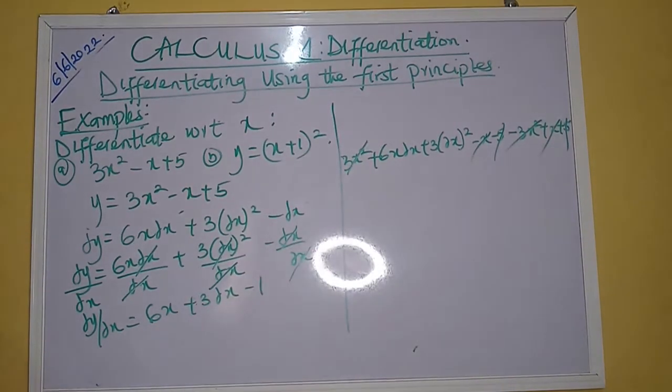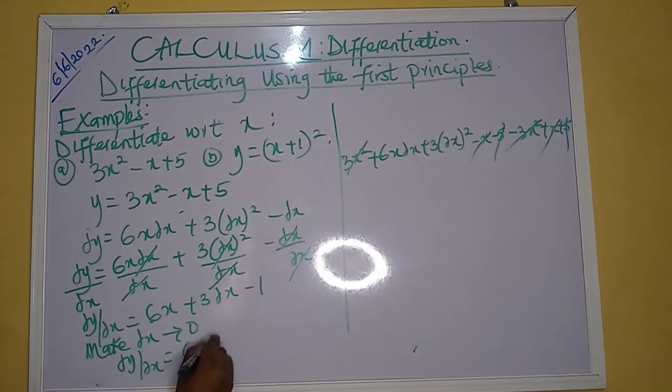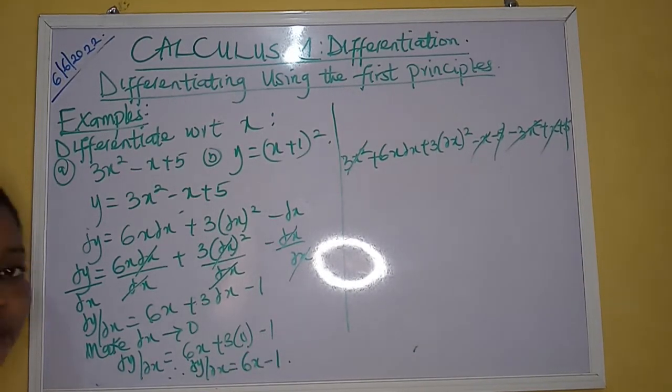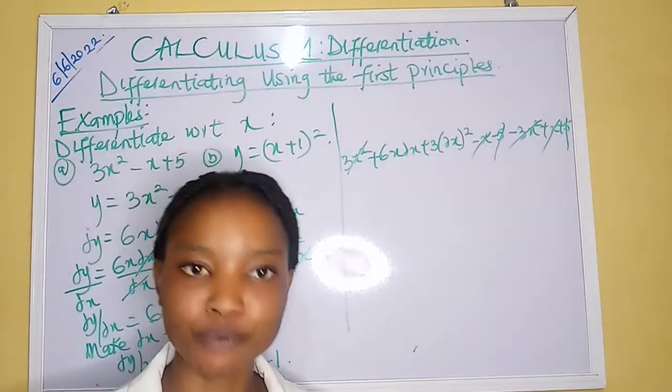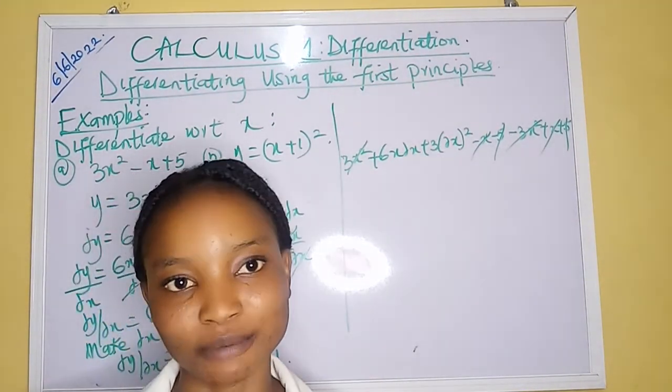When this cancels this, you have 1. And therefore make your dx equal to 0. So we have dy over dx should give you 6x plus 3 into 0 minus 1. And therefore dy over dx simply gives us 6x minus 1. So that is all using the first principle. Shall we also proceed to number 2?